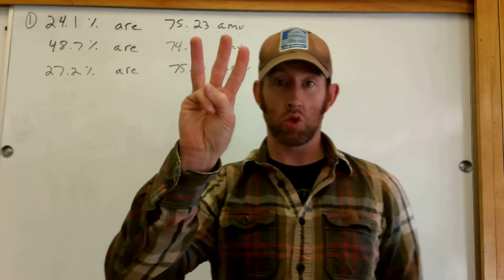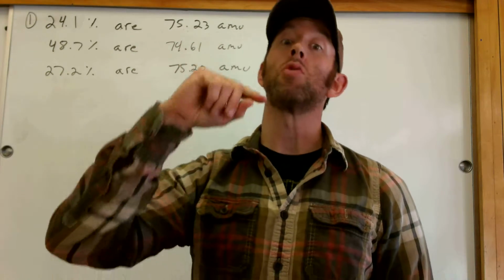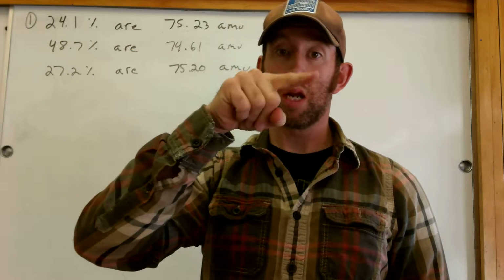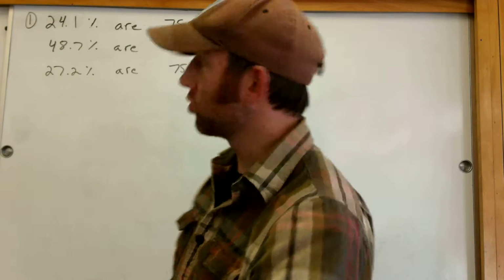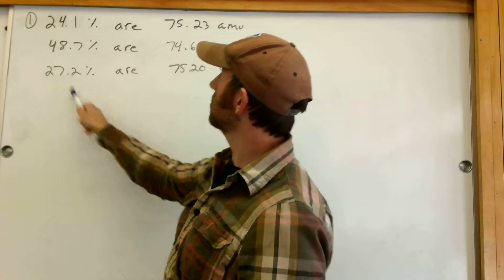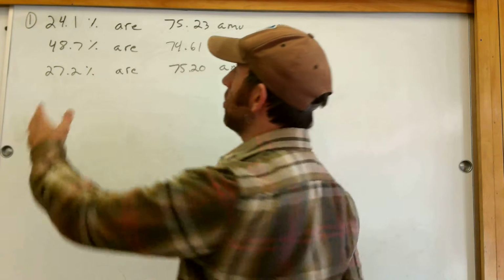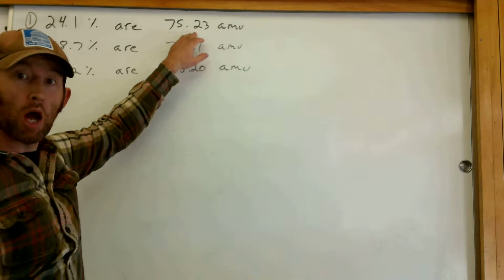And step 3 is to convert the percentages into decimal form, right? Which just simply means 2 decimal places to the left. All right, so I'm going to rewrite these percent values over here in decimal form. So 24.1% are this atomic mass, right?